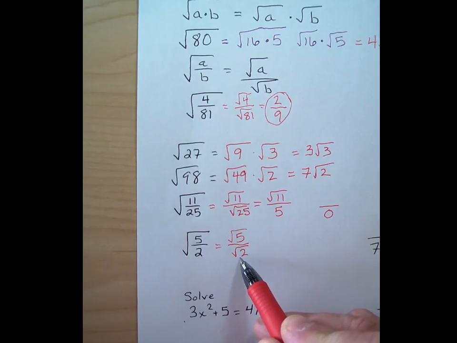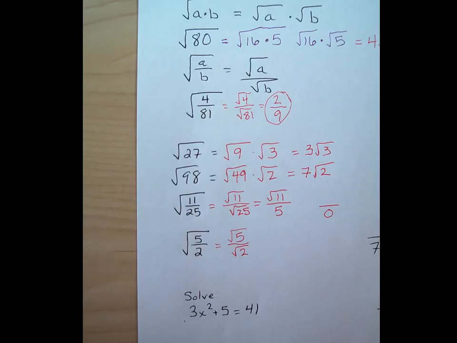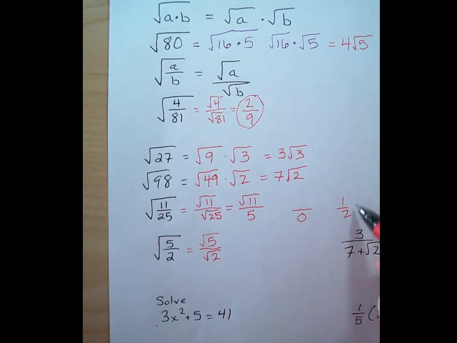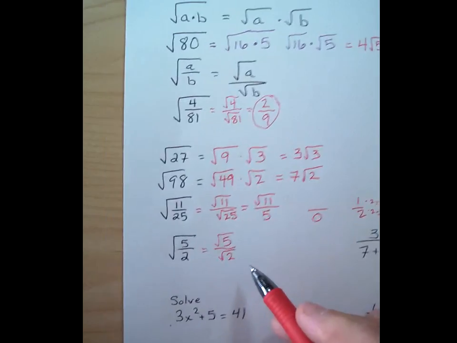Well, you've heard that you can adjust fractions. You've done them in the past. 1/2 you could rewrite as 2/4 by multiplying top and bottom by the same number. We can do the same thing here.